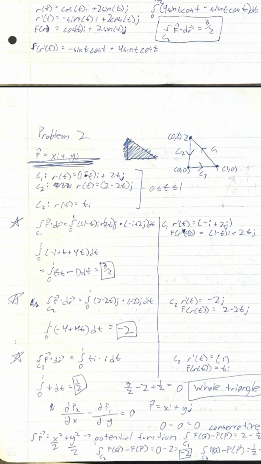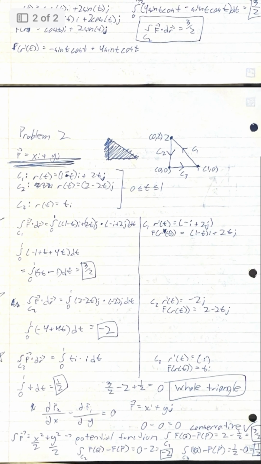And I did that at the very bottom. So the derivative with respect to x of the second part is 0, and the derivative of the first part with respect to y is also 0. So 0 minus 0 is 0, which means it's conservative.